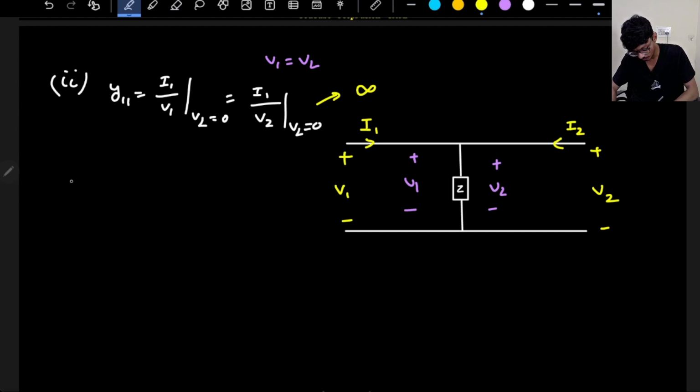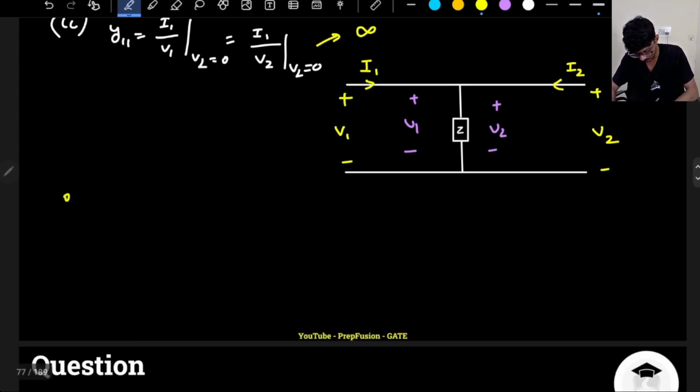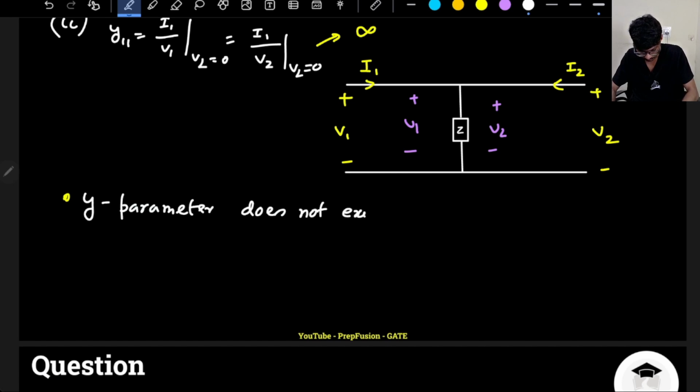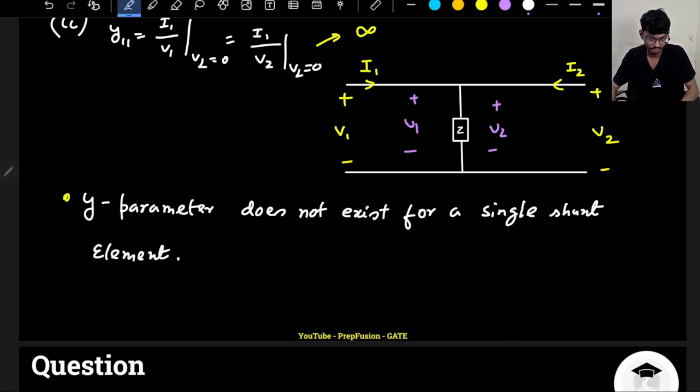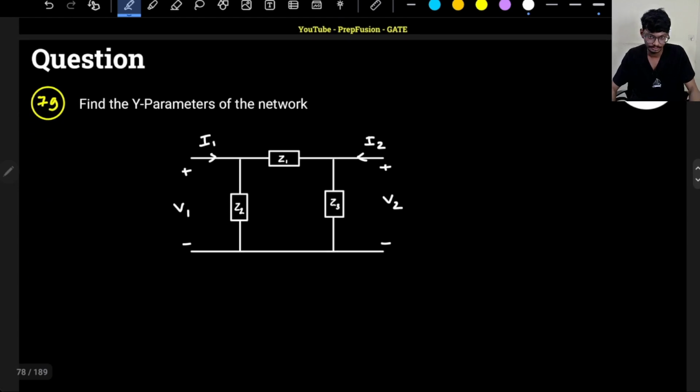So of course, the Y parameter does not exist for a single shunt element. It will not exist. Just be careful regarding that.